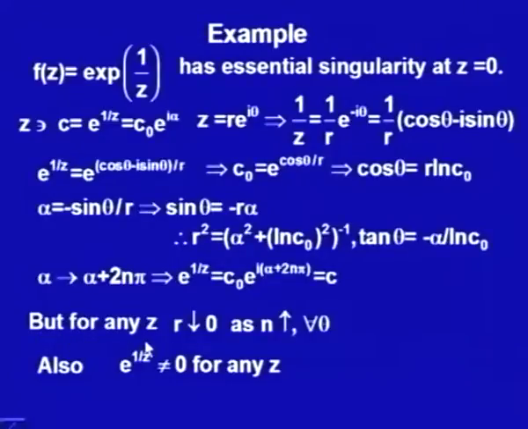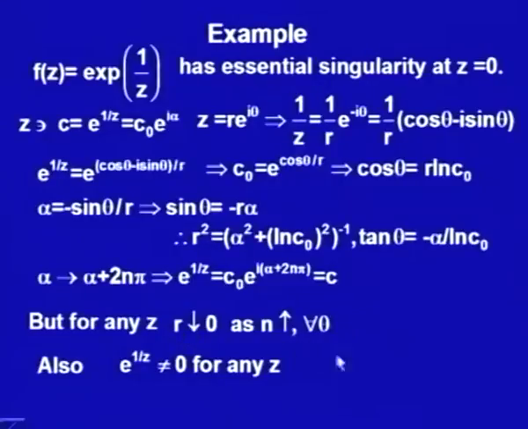For any point, r decreases towards 0 and n increases, and this will happen for all θ, whatever value of θ I take. If I take α plus 2π, I would get one value of r here, and for that, you see, for every θ, because this is now fixed, we do get a different r.